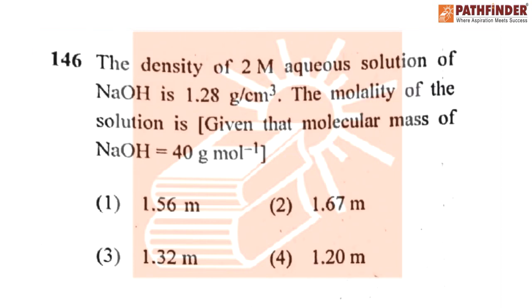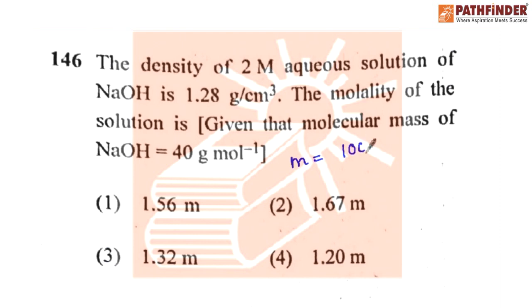Okay, now comes a question of physical chemistry. The density of a 2 molar aqueous solution of NaOH is given as 1.28 gram per centimeter cube. We have to find out the molality; the molecular mass of NaOH is given. See, students, I am giving you a formula. It is a very important formula actually.